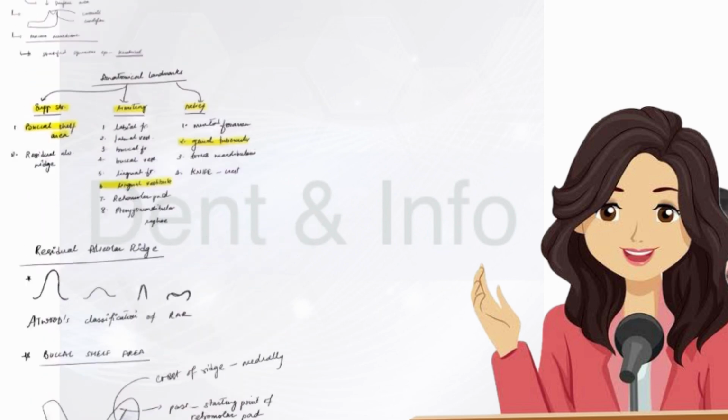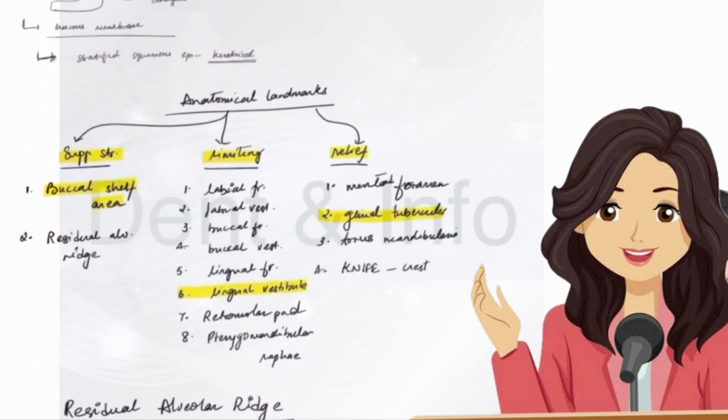That is one of the reasons why the buccal shelf area is a good primary stress-bearing area. Residual alveolar ridge, the same as your maxilla, has different morphologies and different shapes. If you have a high well-rounded shape, definitely it is going to be better for you, right?